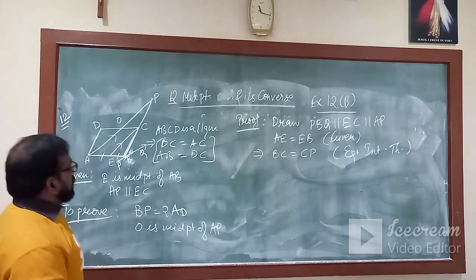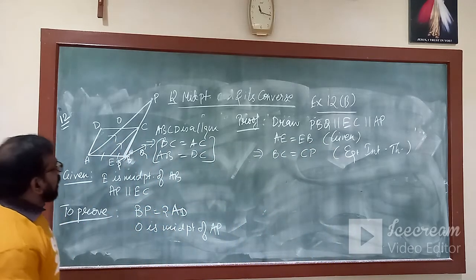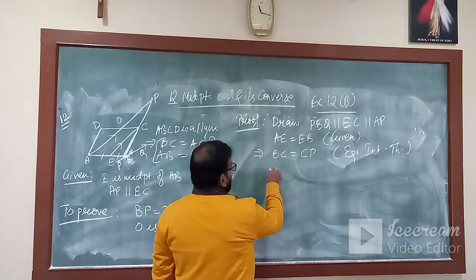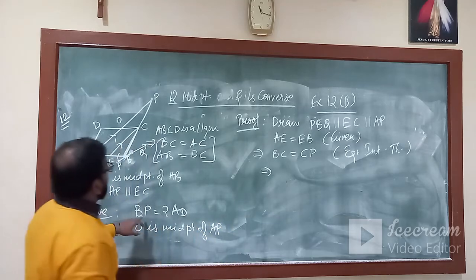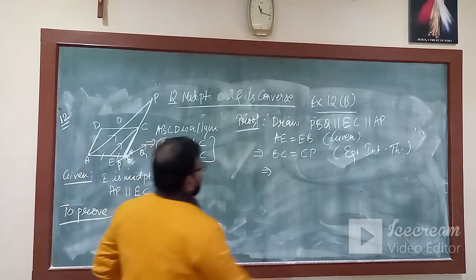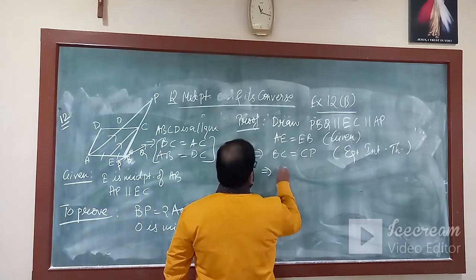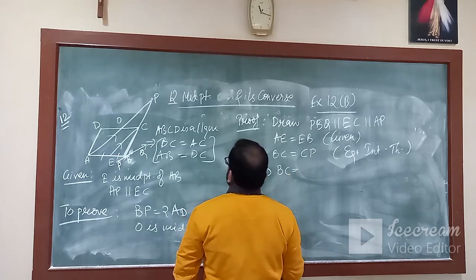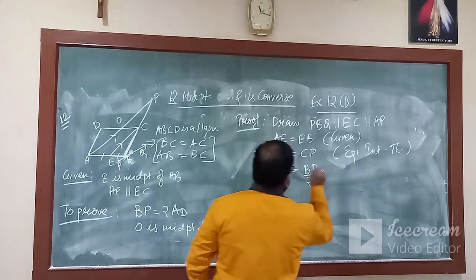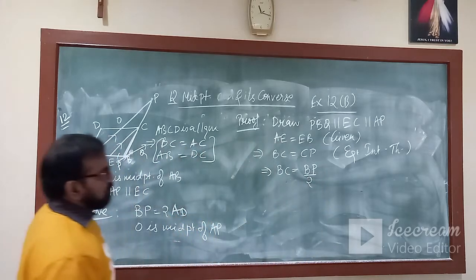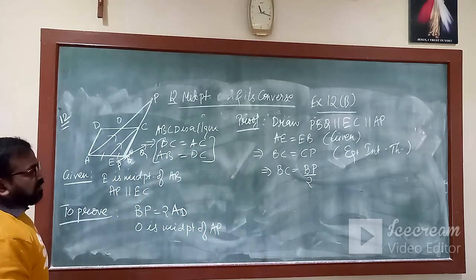So BC will be equal to CP now. So that means, see what we need? We need BP. So we can say that BC equal to BP upon 2. Okay, this we can write.